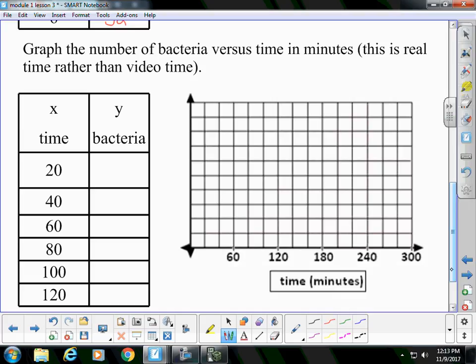So initially there was 1 bacteria, but in 20 minutes it would double, and there would be 2, and then it would be 4, and then 8, and then 16, and 32, and then 64.